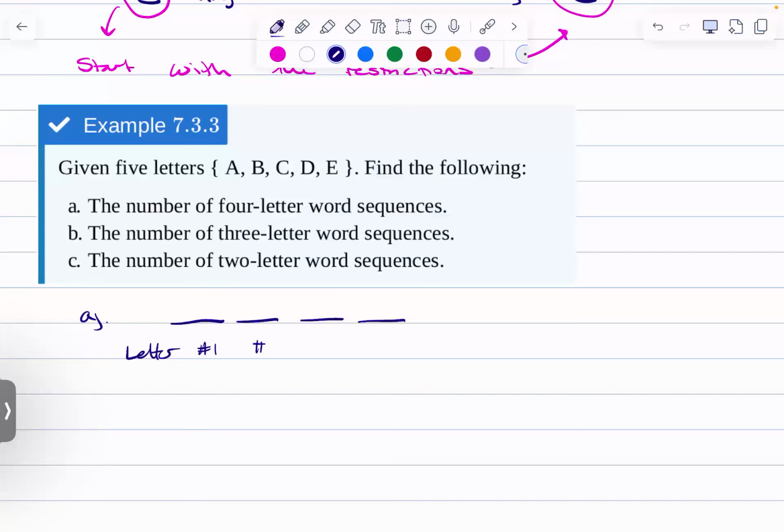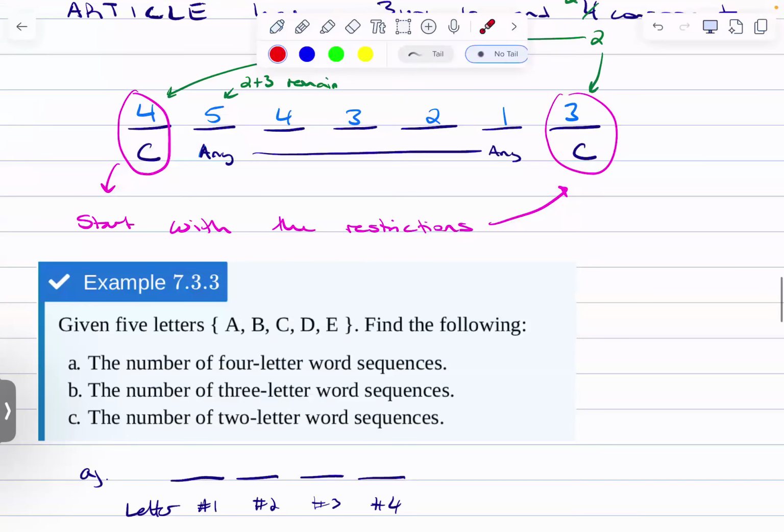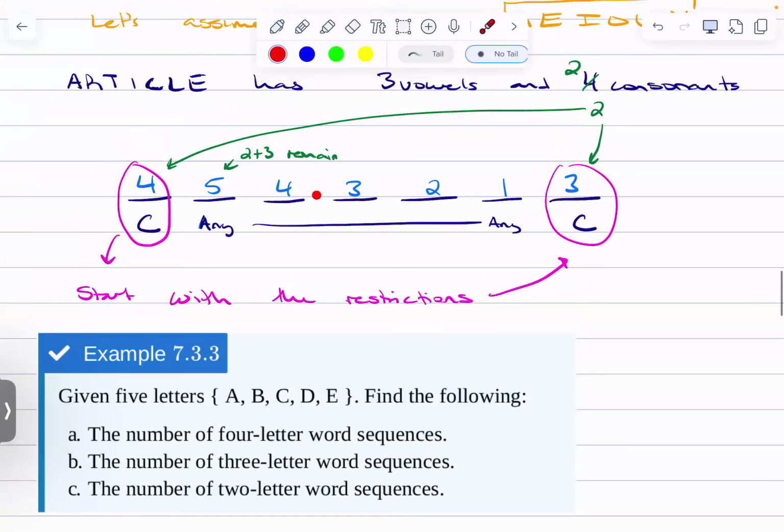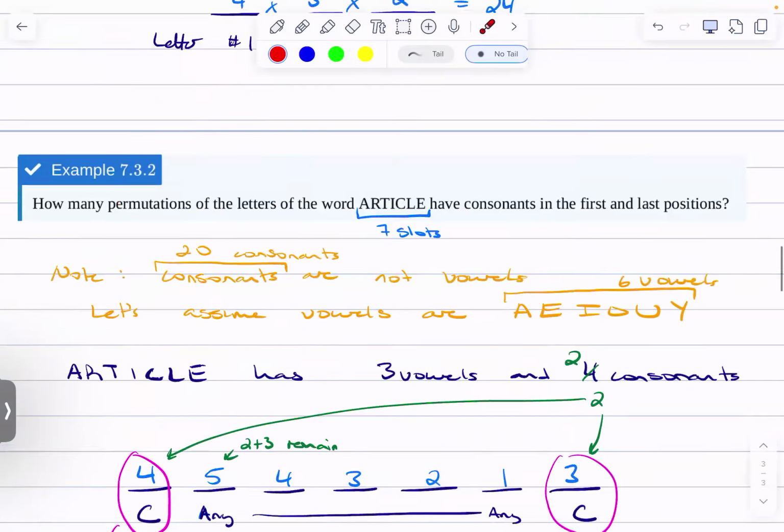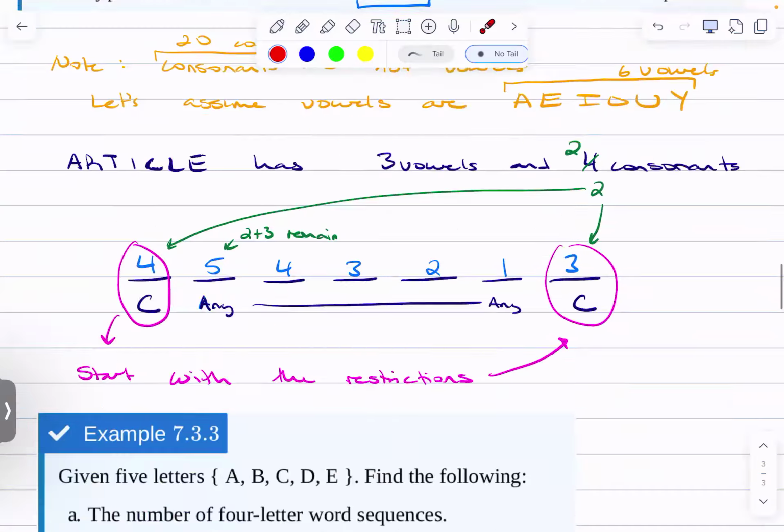Letter number 1, number 2, number 3, number 4. Notice how I got lazy here and I didn't write the multiplication? In fact, I guess I didn't even solve it. That's probably not okay. We should do that. You can be lazy to a point.